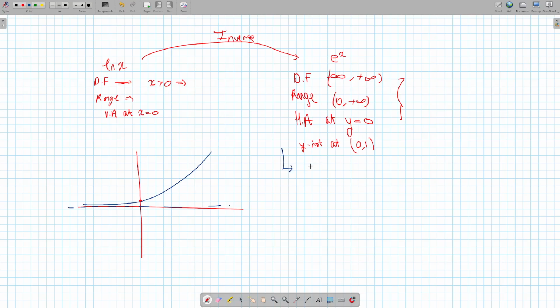The derivative of e to the power of x is just e to the power of x. This is one of the most famous derivatives in math. Because e to the power of x doesn't change, it's just e to the power of x. The rate of change at each point is just e to the power of x.